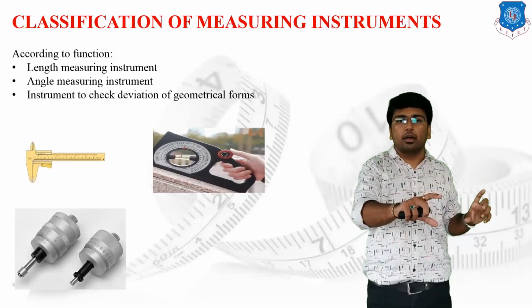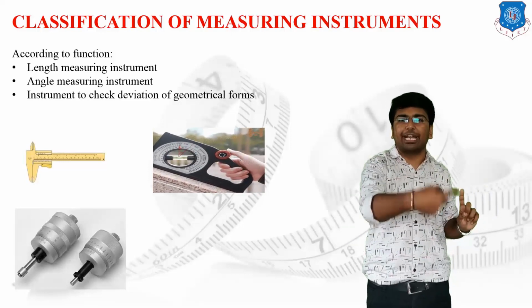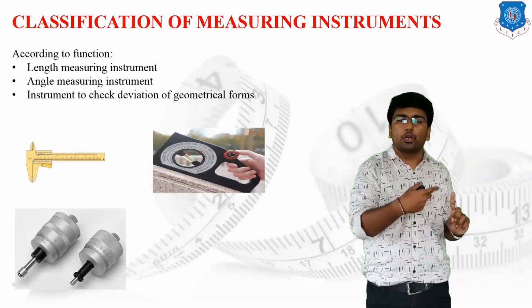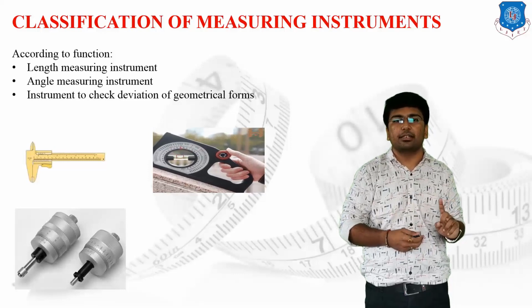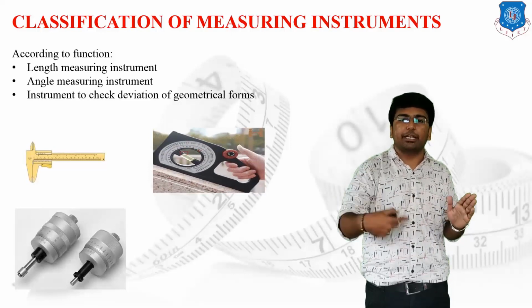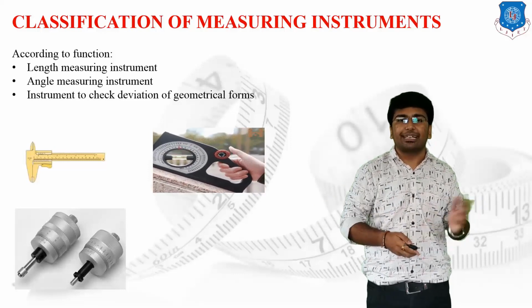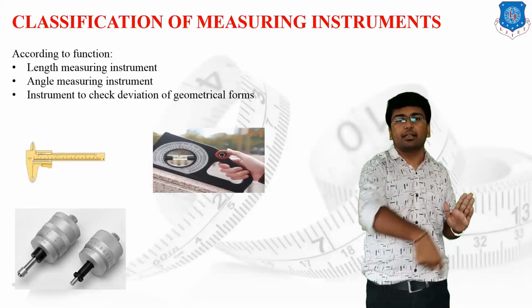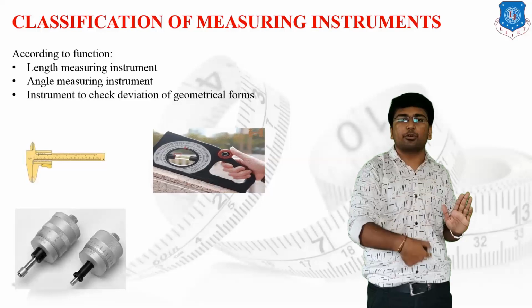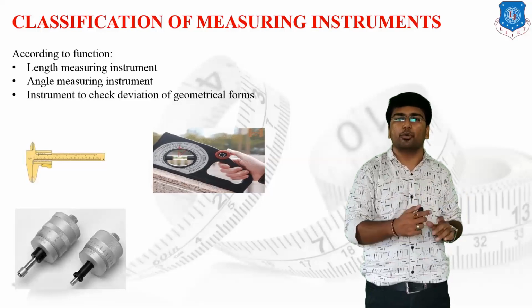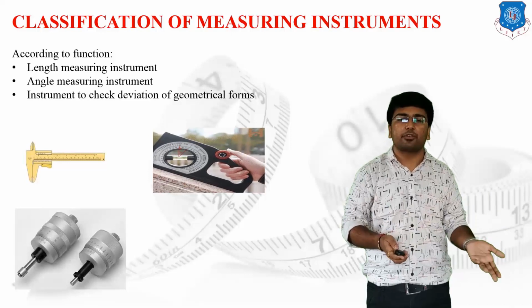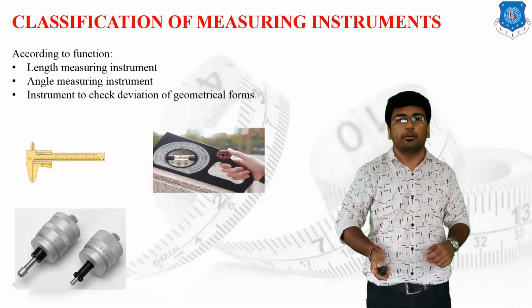I will take a solid cylinder, drill into it, and then bore it, so that I have created a hole inside the cylinder. Then we use such an instrument to check the cylindricity, or circularity, of the internal bore. Such an instrument is useful for measurement of deviation from the required geometrical form.